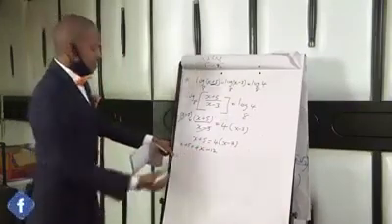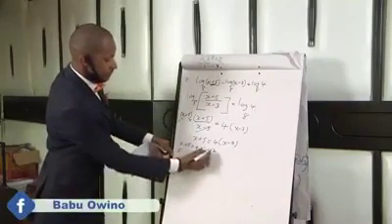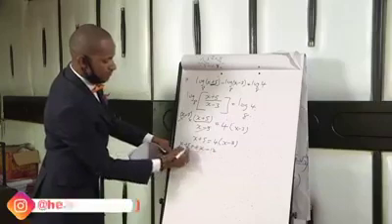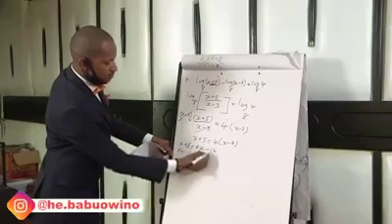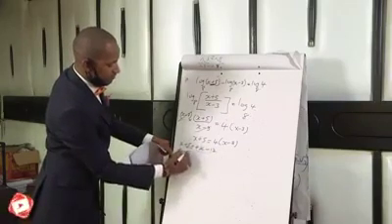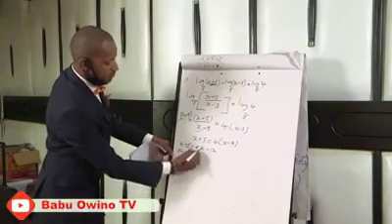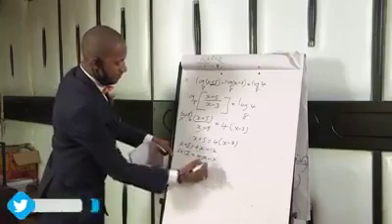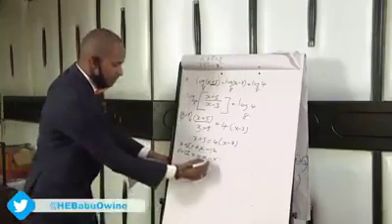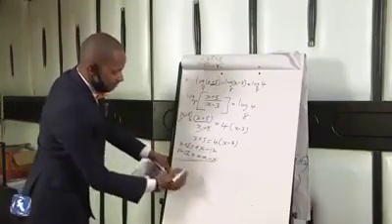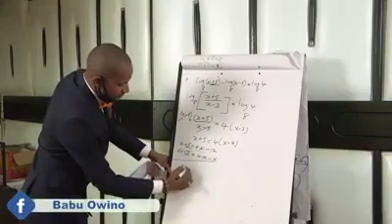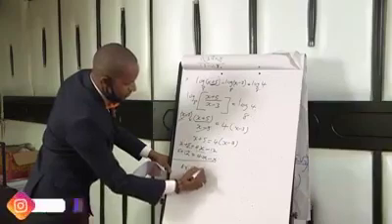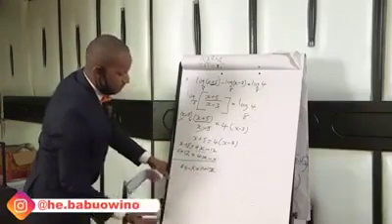Collect the like terms together. 5 is on this side, so you want to bring 12 to this side, it becomes plus, because minus 12 becomes plus 12, equals 4x. Then bring x to the other side, it becomes minus x. Therefore, this equation can also be rewritten as 4x minus x equals 5 plus 12.